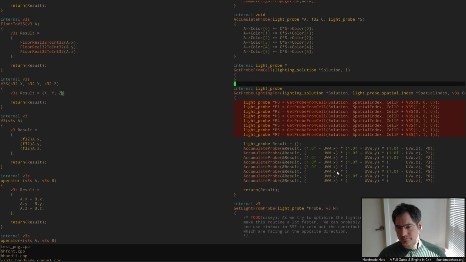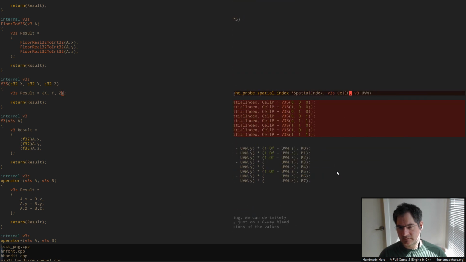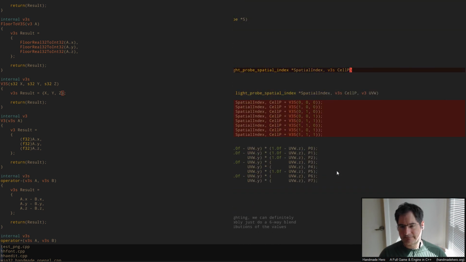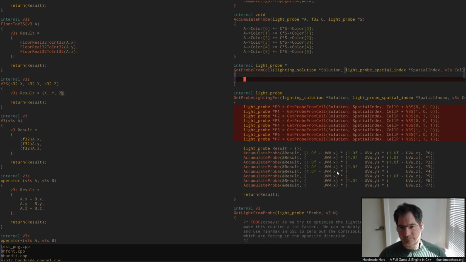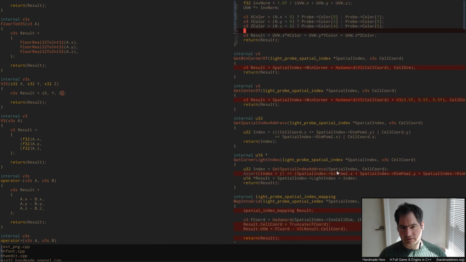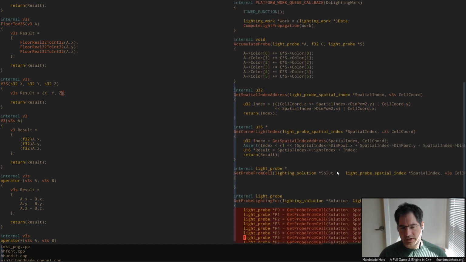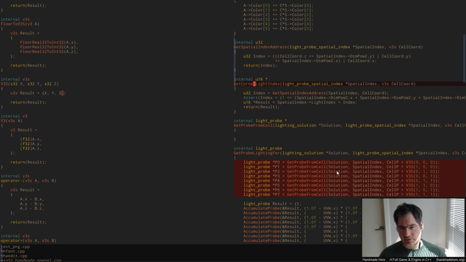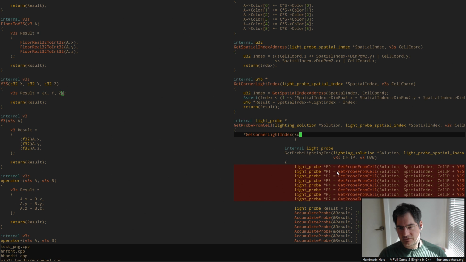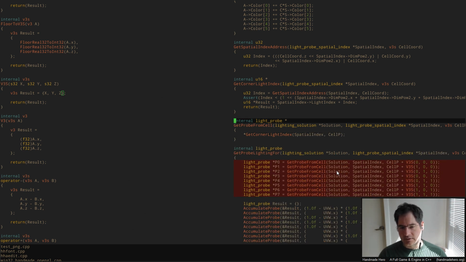So here we want to take this nonsense, right? And we want to do the indexing. In this case, we're just going to piggyback on top of this function. Where we get the spatial index address and the corner line index, all we're really doing is calling that, and saying, give us whatever the index is in there.